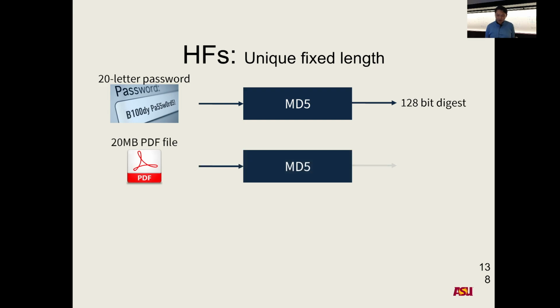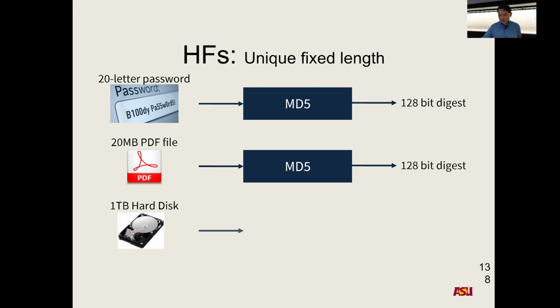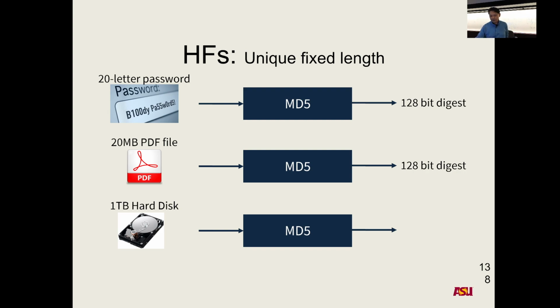How about a 20 megabyte PDF file? That also produces the same size output, a 128-bit digest. A 1 terabyte hard disk also gives the same output, a 128-bit digest. Like that, a hash function makes a fixed size bit stream.